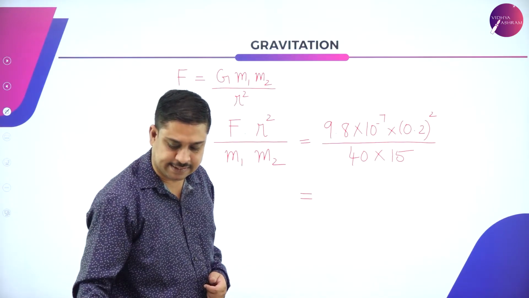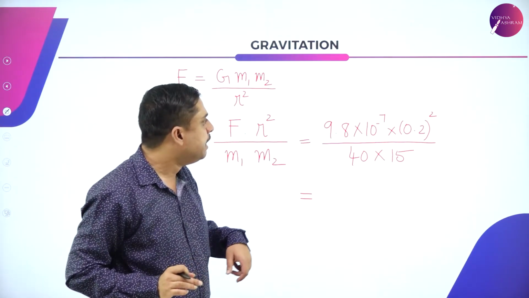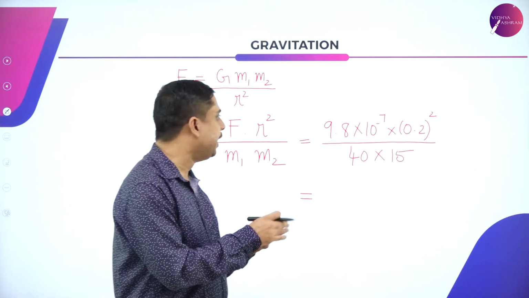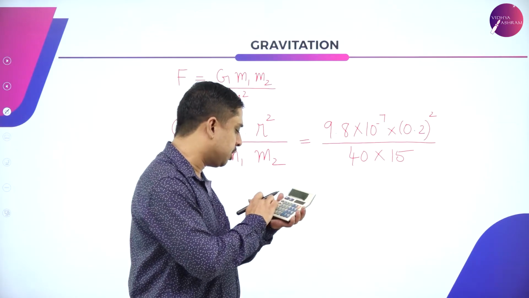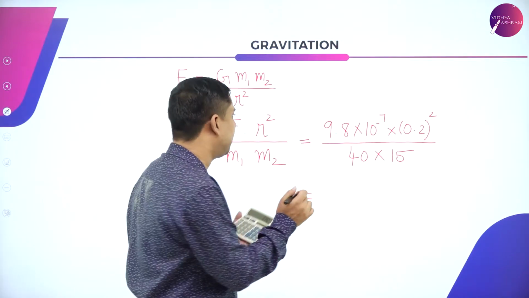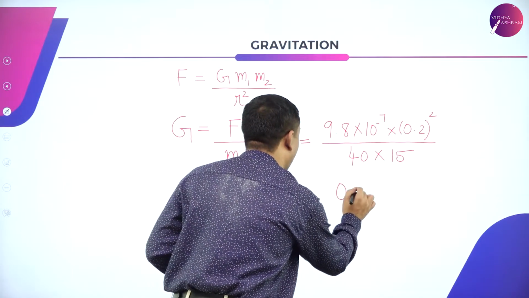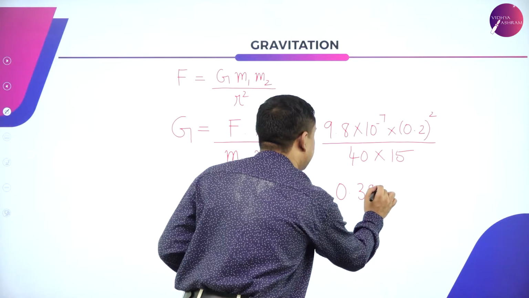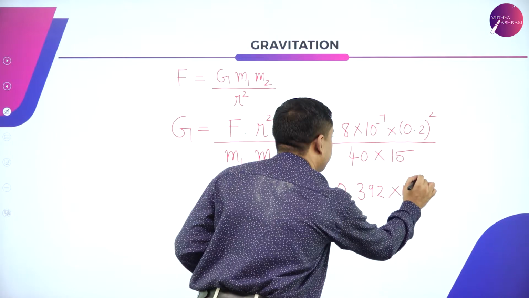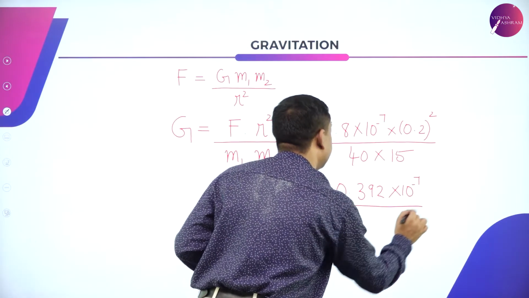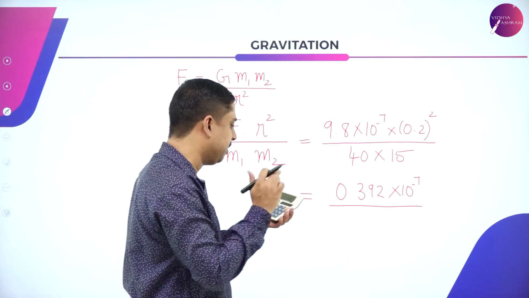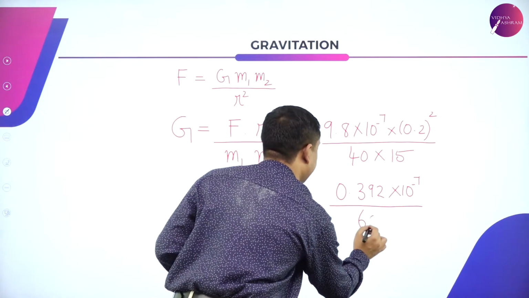So when we simplify, 9.8 into 0.2 into 0.2 will give me 0.392 into 10 power minus 7. 40 into 15, 600.